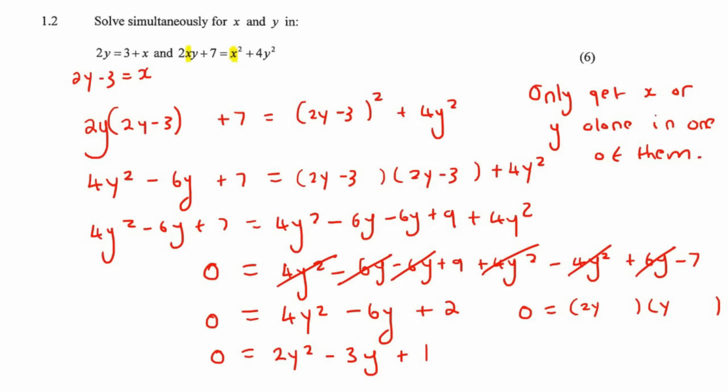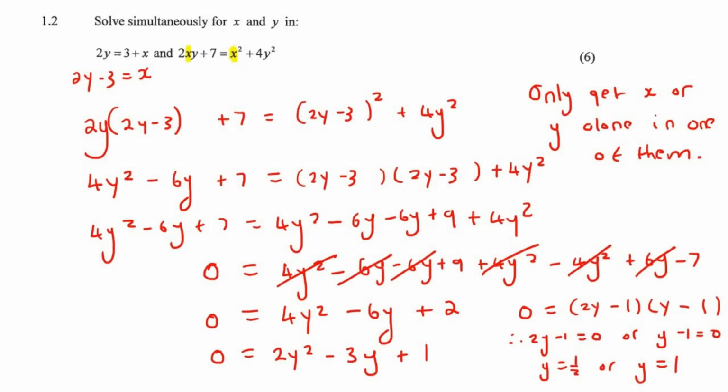But as I said, you could use the quadratic formula right now. And then this will be a 1 and a 1. And then to make a minus 3, you would have to put a minus here and a minus here. So then we can say that 2y minus 1 is equal to 0, or y minus 1 is equal to 0. So therefore y is a half, or y is equal to 1.